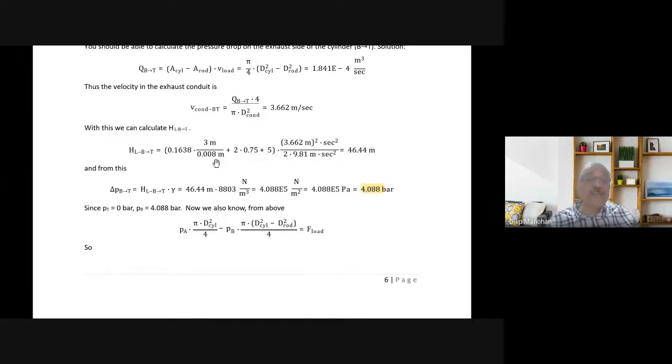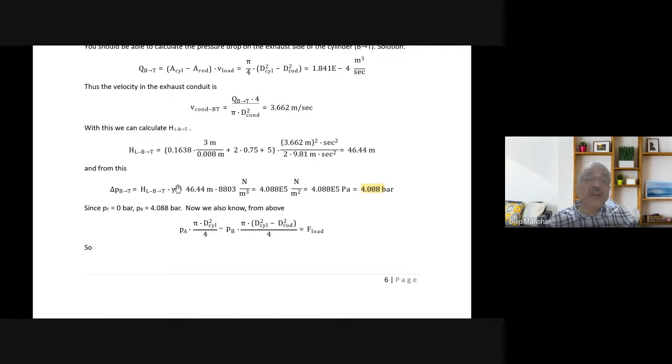Let us calculate B to T pressure drop in terms of the meters, in fact, of Newton per meter square or bar. So you convert 46.44 head, the friction loss head, in terms of pressure in terms of bar, which comes to 4.08 bar.